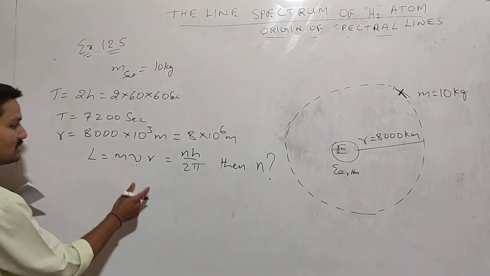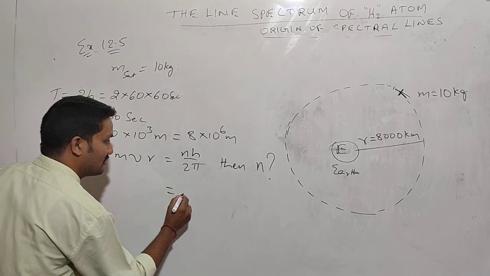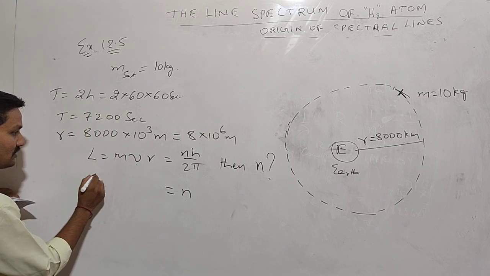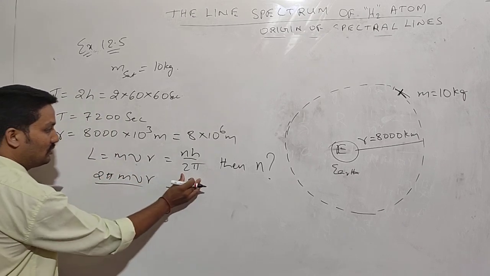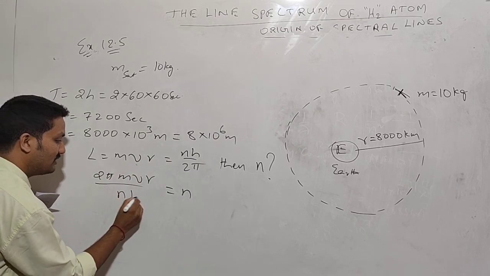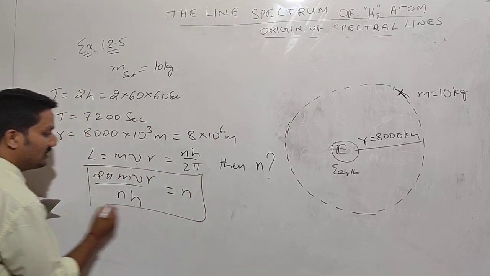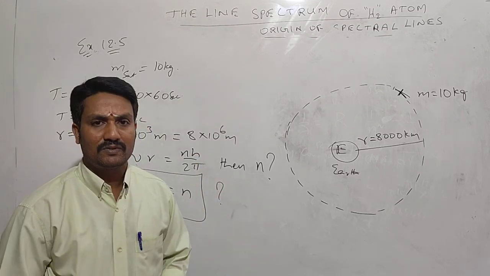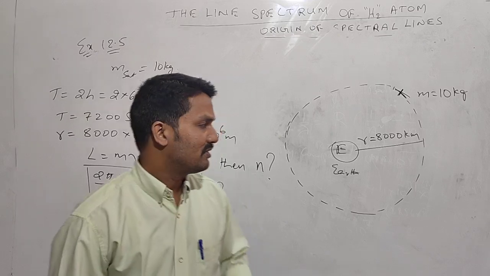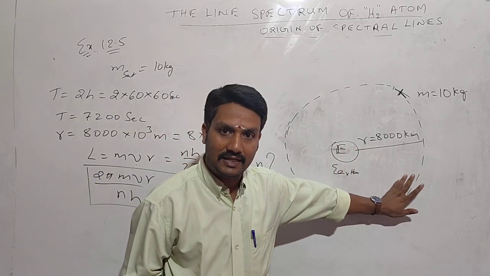So n is equal to 2 pi mvr divided by h. This is the formula we need. First of all, whatever the problem has given, first convert it to a diagram.